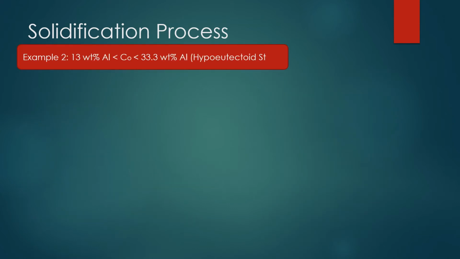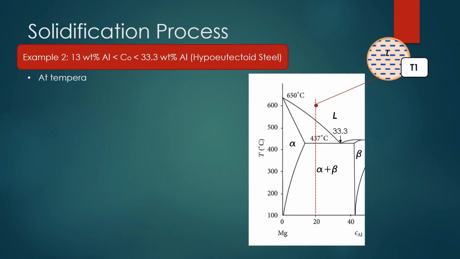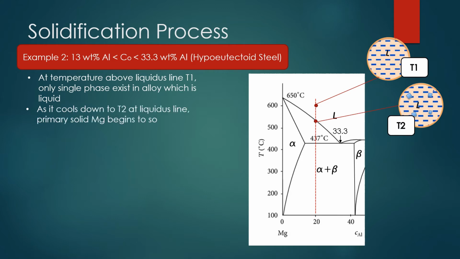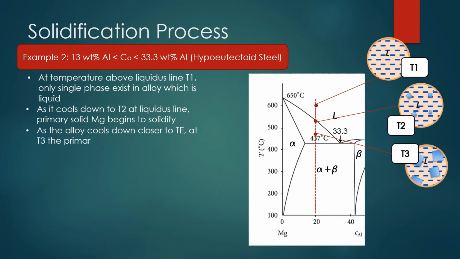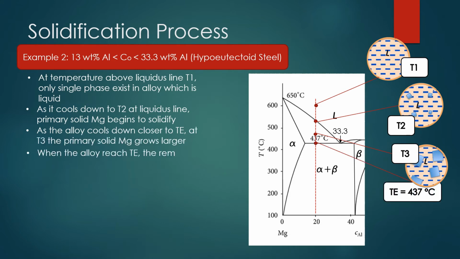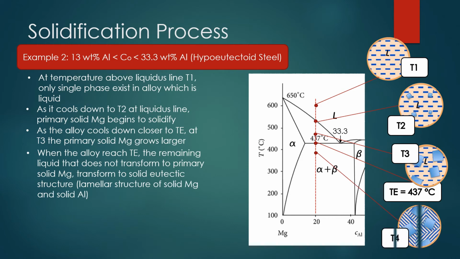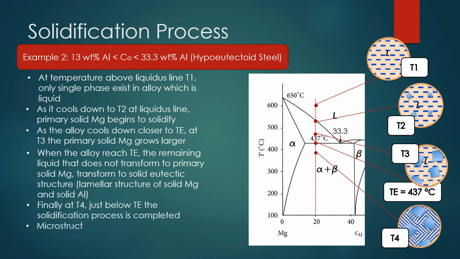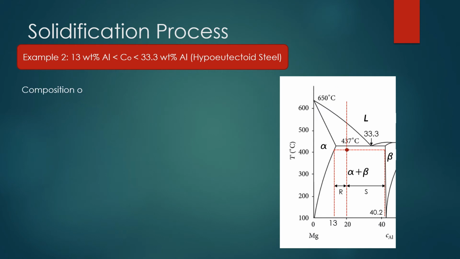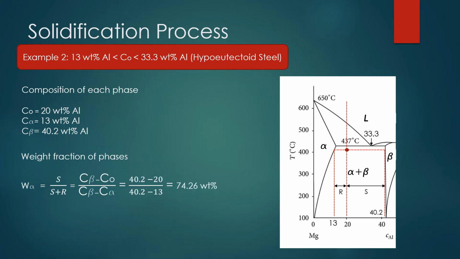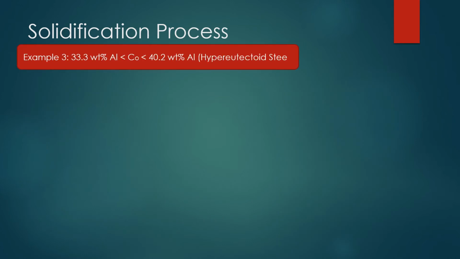The second example is about hypoeutectoid steel. The third and the last example is hyper-eutectoid steel.